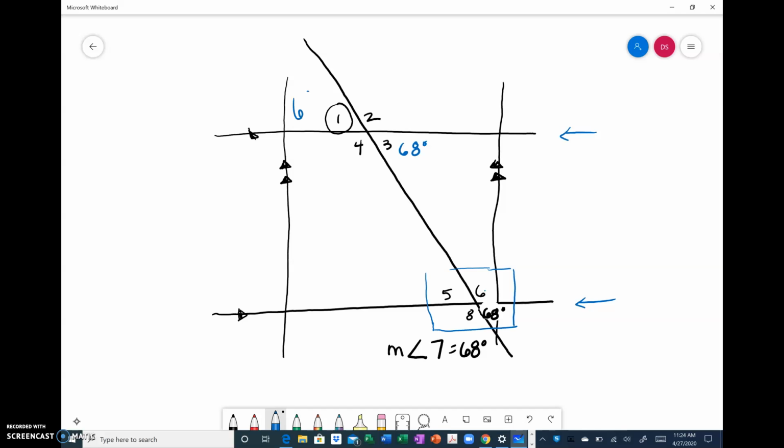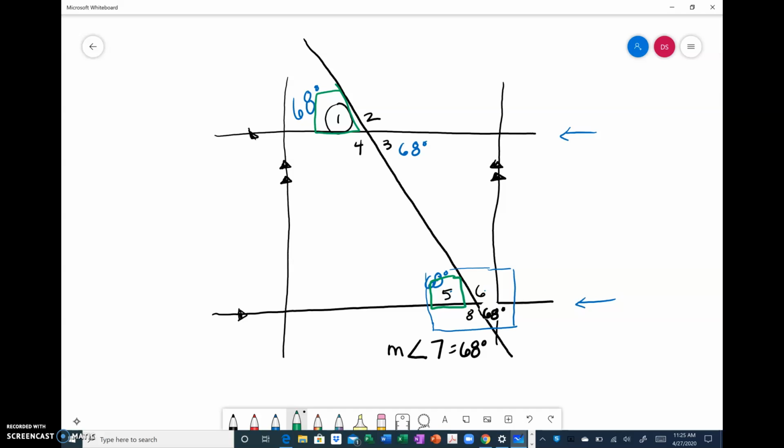So 1 is 68 degrees. A roundabout way that you could also have done it is that 5 is a vertical angle to 7, and so angle 5 is 68 degrees. And then 5 and 1 are corresponding because they are both in the top left corner of their intersection, okay?